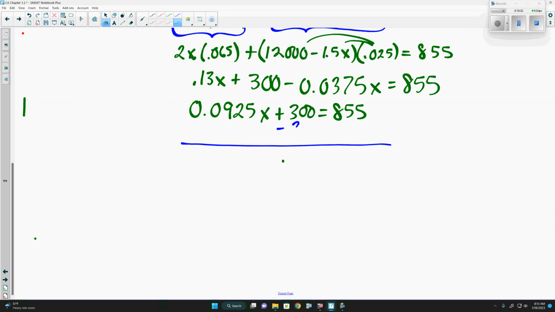To get x by itself, we would subtract 300 from both sides, telling us that 0.0925x is equal to 555.